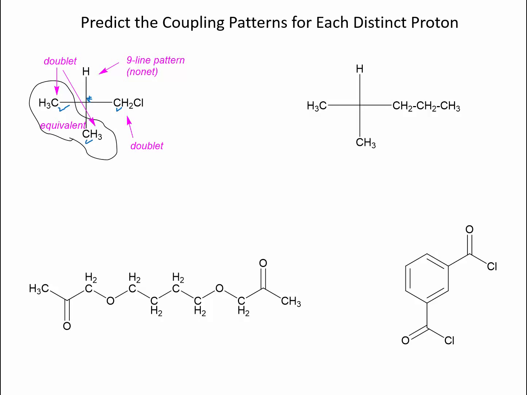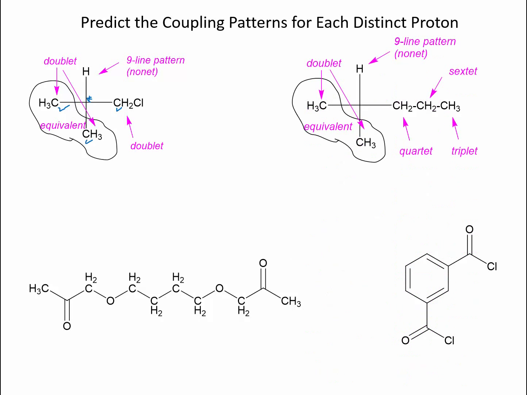Okay, what do we have for the next one? For the next one, the methyls look kind of the same. They're both doublets, 6 hydrogens. This hydrogen here is going to be a 9-line pattern or a nonet.